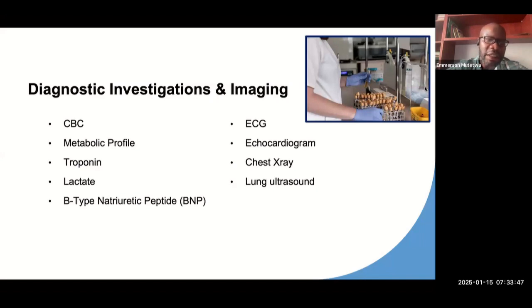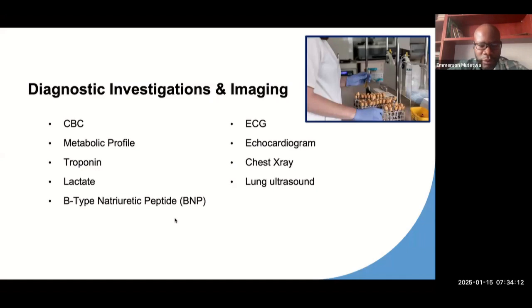In that as well, the white cell count can also reveal whether we have an element of septic shock in the patient. Also, when you look at the metabolic profiles, an important thing is that metabolic acidosis can be a reflection of hypoperfusion of your tissues. So it's important to look at that.